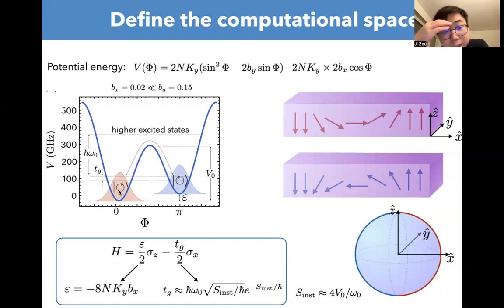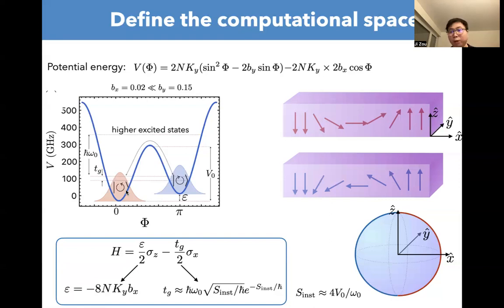And now let us project the dynamics of this azimuthal angle phi onto these two lowest energy states, the two chirality states. Then we would get two terms. The first term is the detuning proportional to sigma z with a prefactor epsilon. This epsilon is basically controlled by the applied magnetic field along this racetrack, Bx.